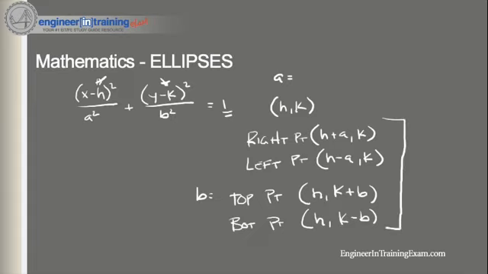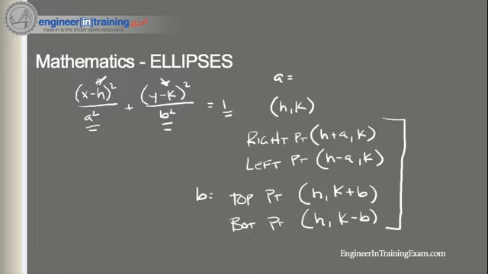So if we're given the a squared term, the b squared term, and h and k, that's all we need to graph the ellipse and determine all the points on the ellipse.